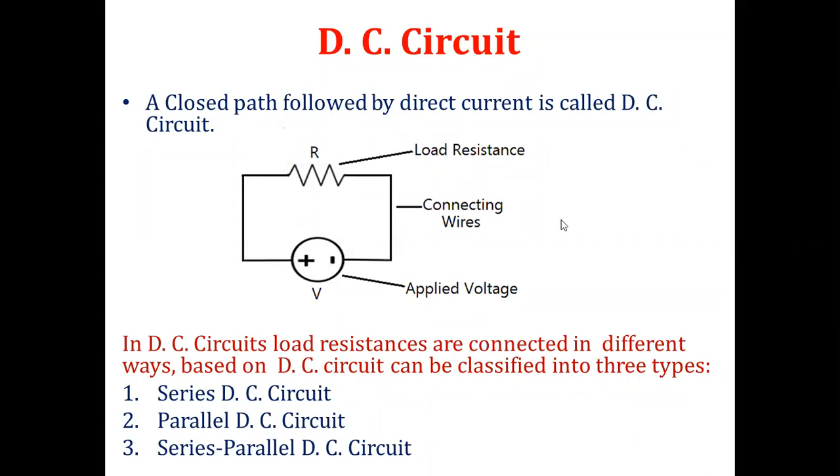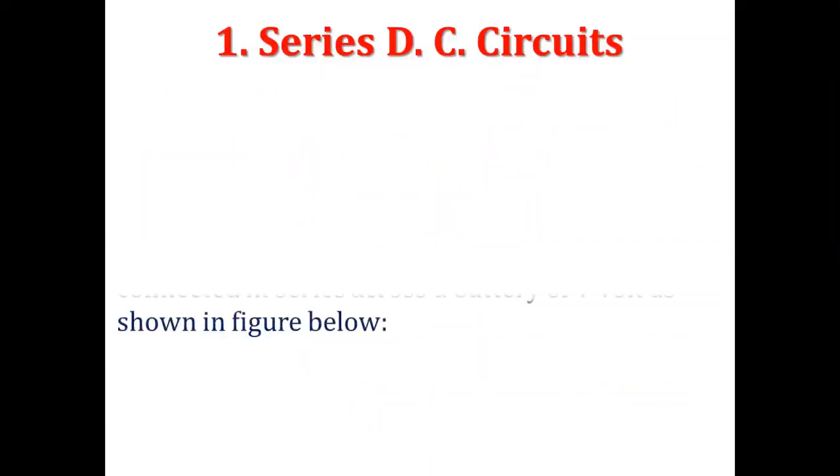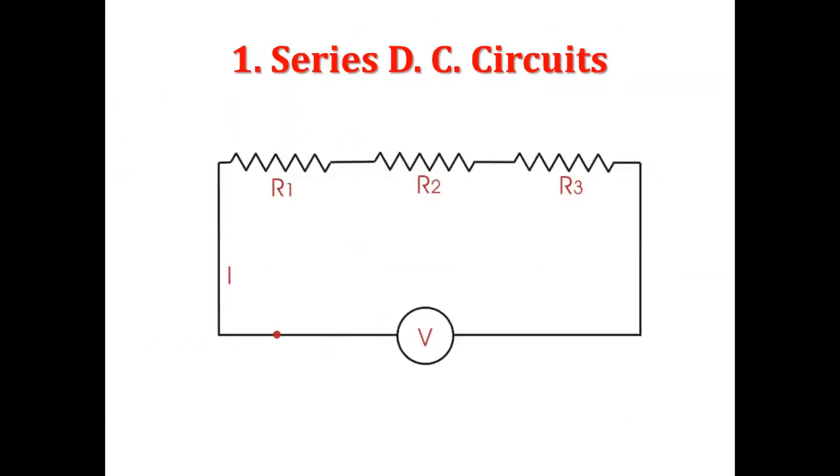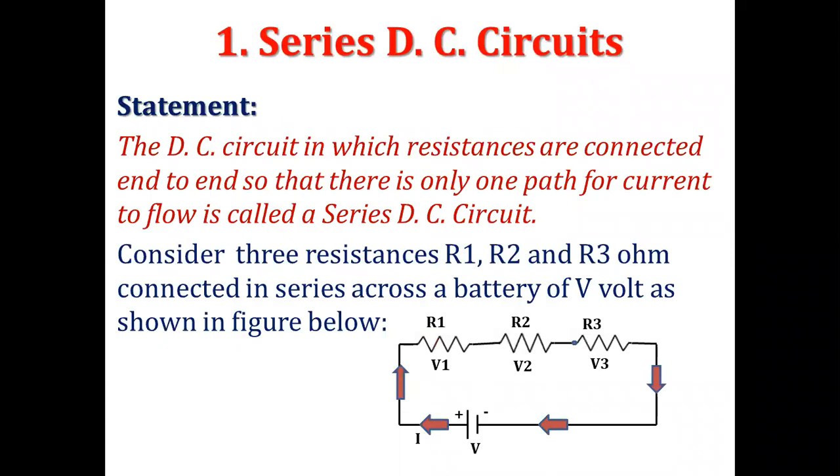Okay. Take the first heading, series circuit. Number one, series DC circuit. You take that one. Write the statement and this diagram also. Roll number 22, roll number 28.